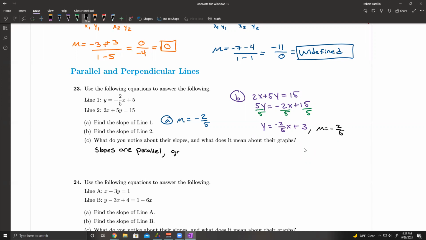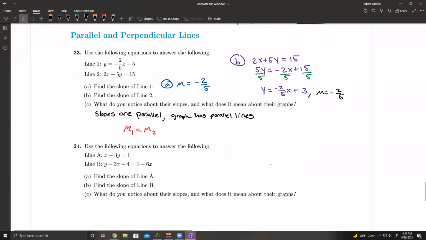So our graph has parallel lines. Okay, that's it. That's what it means to be parallel. Your slopes are equivalent. I can even say slope 1 is equal to slope 2.